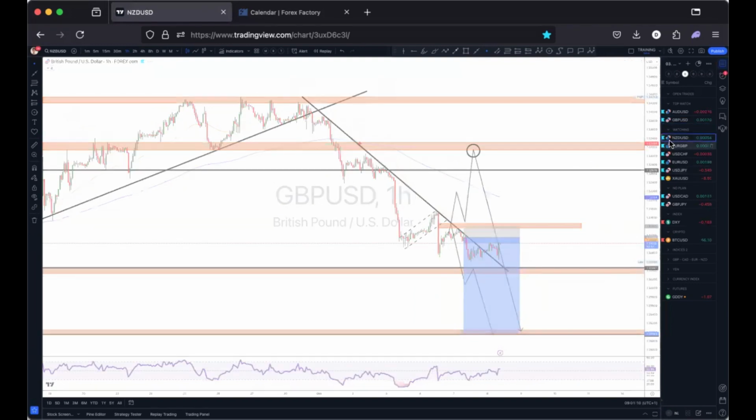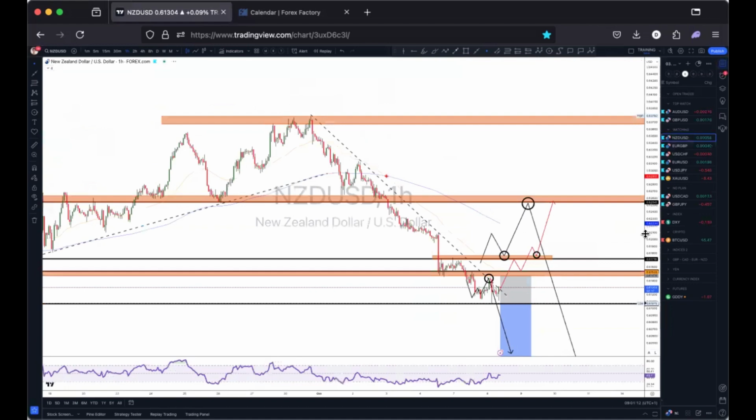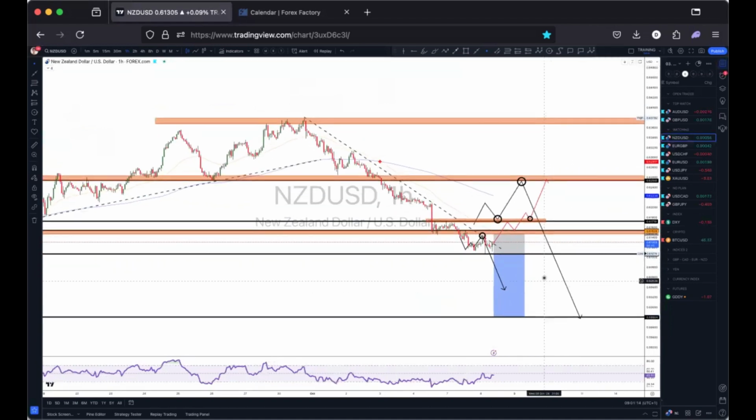Moving forward, on Kiwi dollar we had a very decent momentum going forward. However, I want to be careful first off. Secondly, I think there's a possibility that Kiwi dollar will likely just range throughout today, and I have a reason for that.